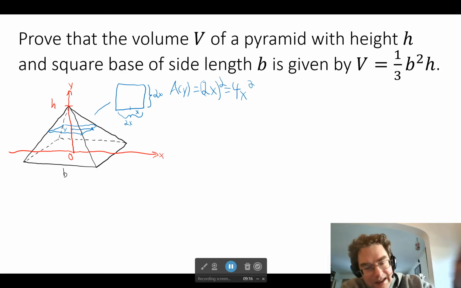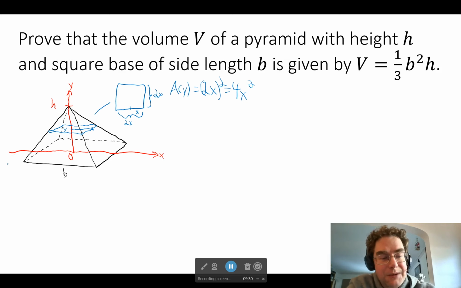Because we are slicing perpendicular to the y-axis, we're going to want to integrate with respect to y, so we've got to figure out what that x is in terms of y. Now, there are two approaches you can take. We can either use analytic geometry, get equations for the lines involved, or we can use triangle geometry, synthetic geometry it'd be called, and I think I'm going to go with synthetic geometry.